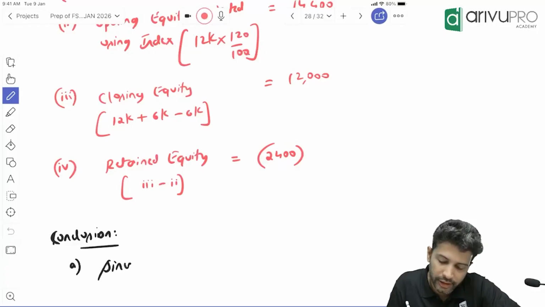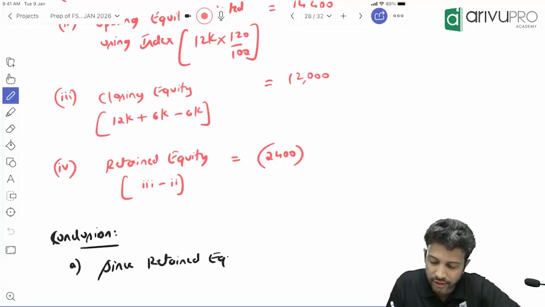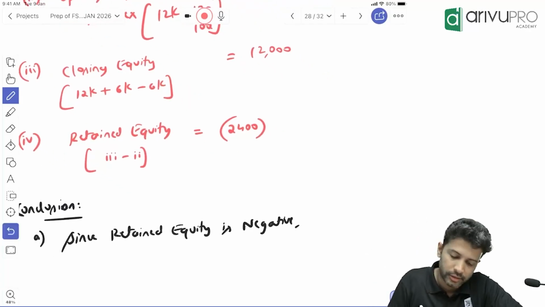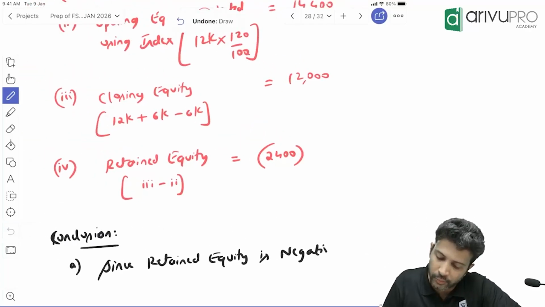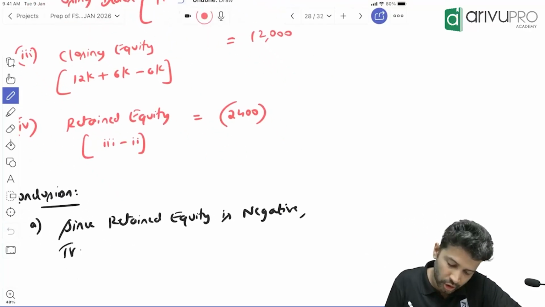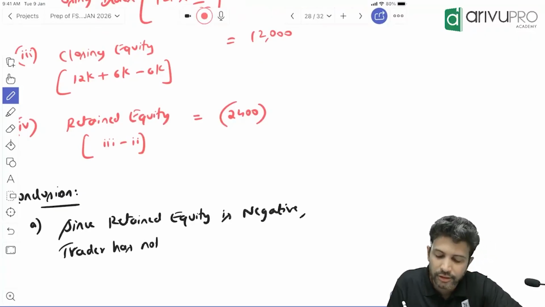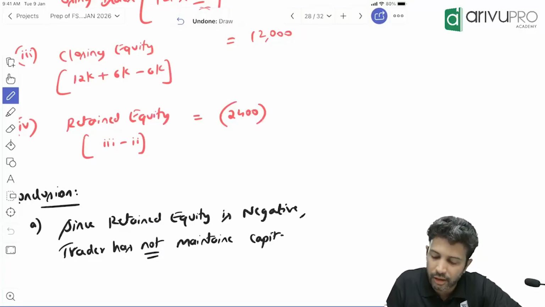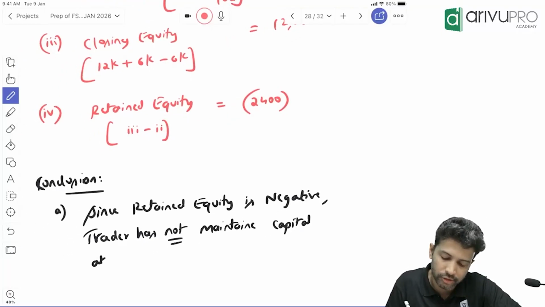Since retained equity, or retained earnings, is negative, trader has not maintained capital at current cost.